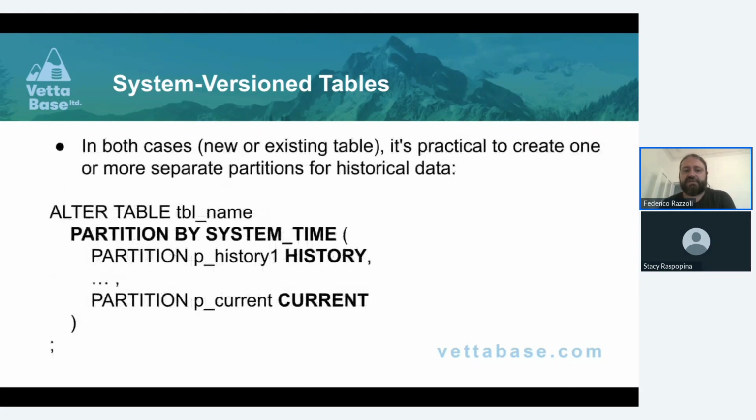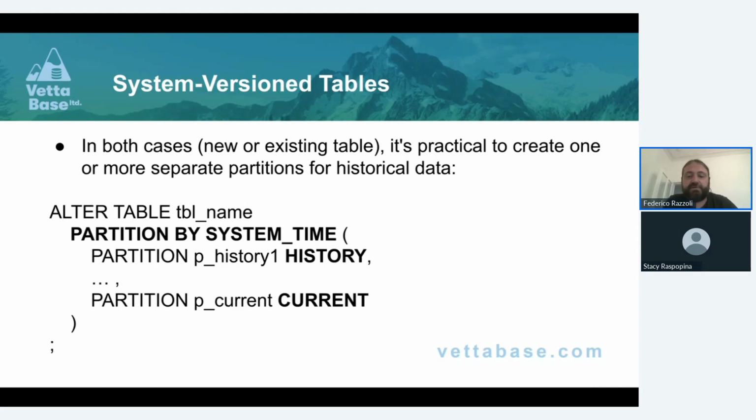In both cases, for new tables or for existing tables that turn into system version tables, it could be practical to create one or more partitions for historical data. Why? Well, essentially for better performance, because most queries normally read the current data, and it's better if historical data is written into separate partitions.